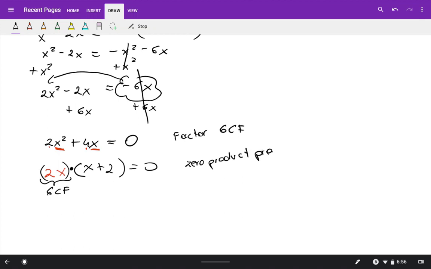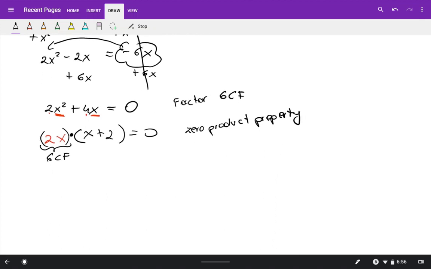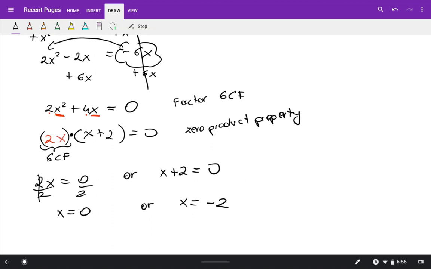Zero product property means that if the product is equal to 0, that means the first expression is equal to 0 or the second expression is equal to 0. So we end up with x equals 0 or x equals -2.